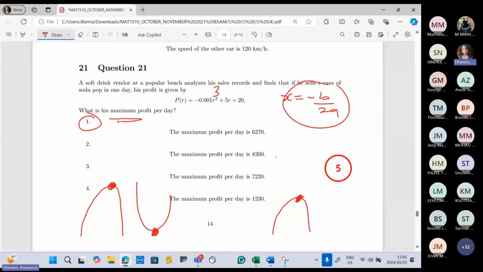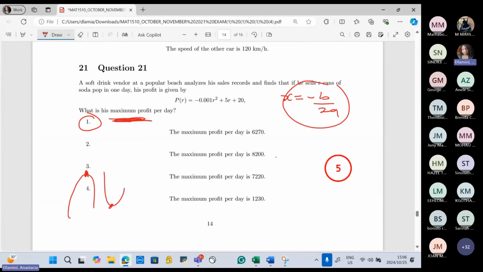The statement is asking for maximum profit, so we are using a parabola to model the profit of this vendor who's selling soft drinks. If you had to the power of 3, then you would derive. But here it's a parabola, so you can use x is equal to minus b over 2a because you're finding the maximum point. And the maximum or minimum point of a parabola is the turning point.